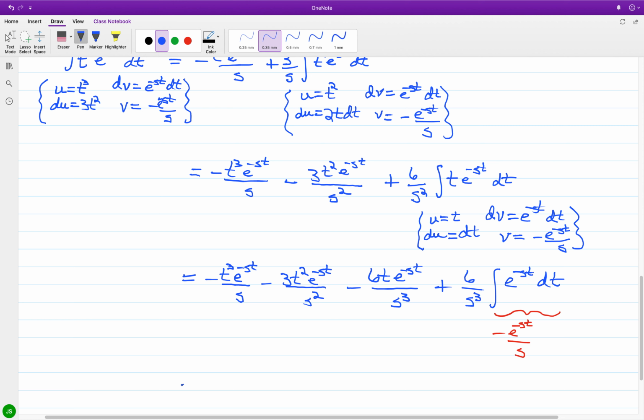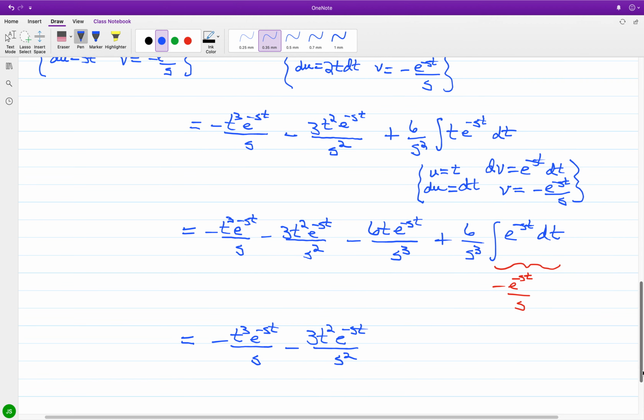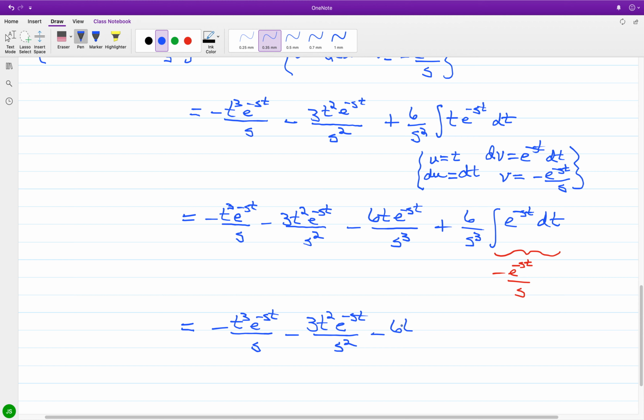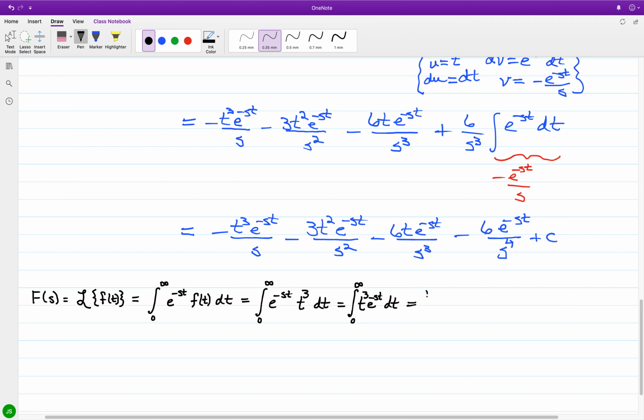Once we take what we have and put it all together, we have the last antiderivative terms: minus 6e to the negative st all over s to the fourth, followed by the constant.